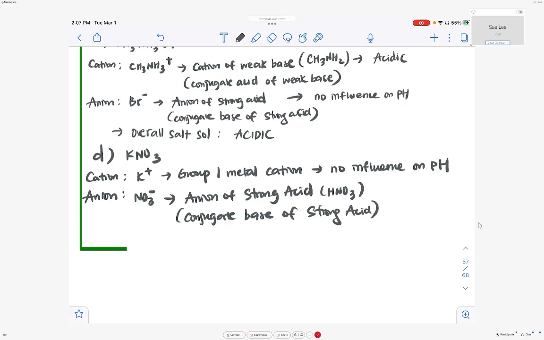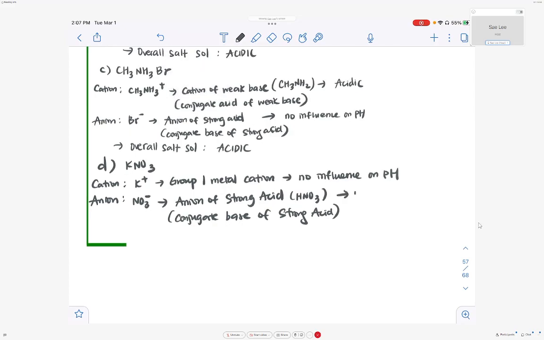Again, conjugate base of strong acid has no influence on pH. So therefore, the overall salt solution is going to be neutral. None of the cation or anion are having influence on the pH of the system.